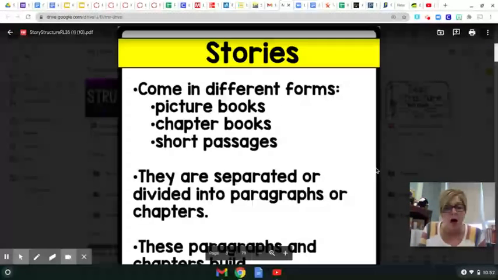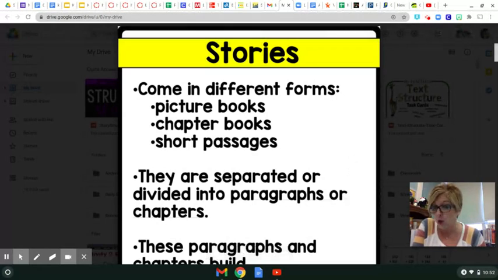Stories are also separated and divided into chapters or paragraphs, depending on how long the story is. If it's a chapter book, then it's divided into chapters, and each chapter builds on the next. For example, when we read chapter 1, that helps us to know what is going to happen maybe in chapter 2 or 3 or towards the end of the book.